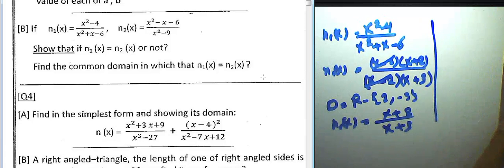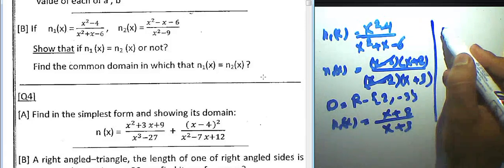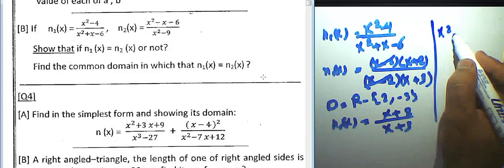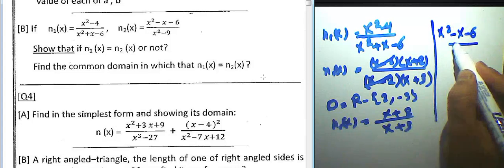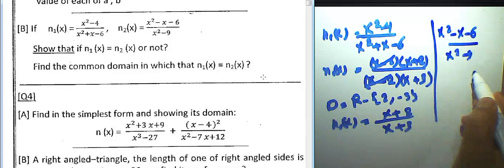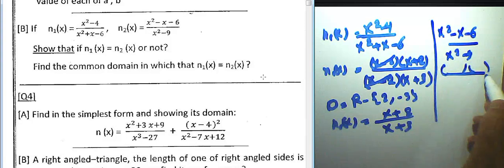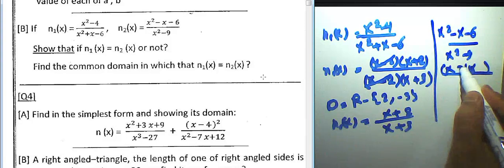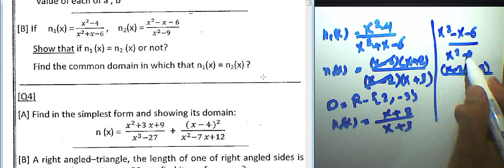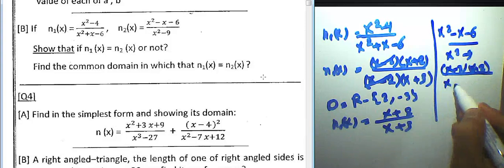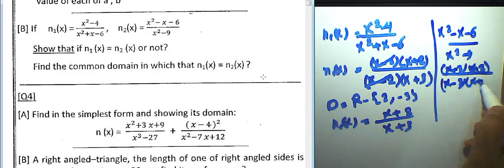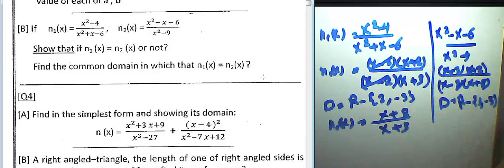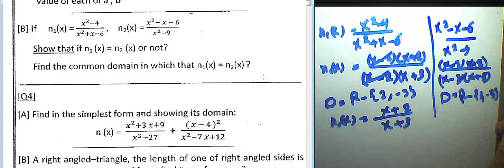And what about the second function here, (x² - x - 6)/(x² - 9). We can factorize this expression: x times x, 3 times 2, here negative and this number positive, and (x - 3)(x + 3). Domain R minus {3, -3}.